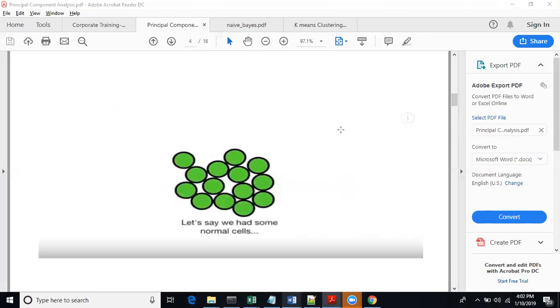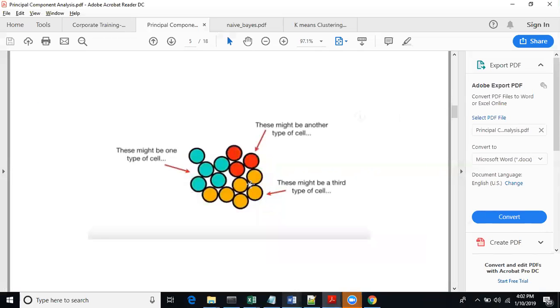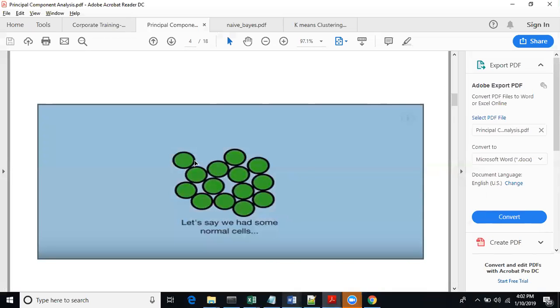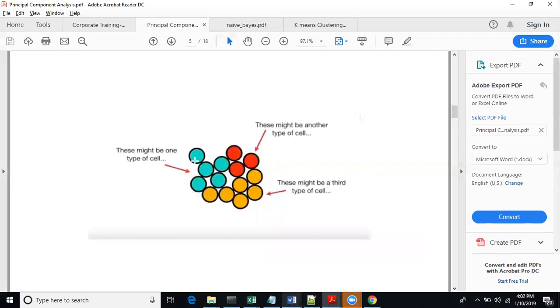Let's say we go to the first one. Let's say we have a cell like this, but we don't know what the different types are inside, based on the information of the cells, nucleus size, and other information. There might be different types, but we cannot identify them at the moment.